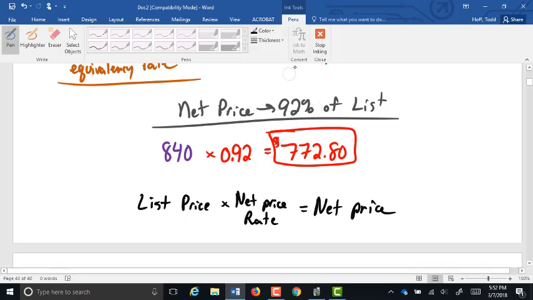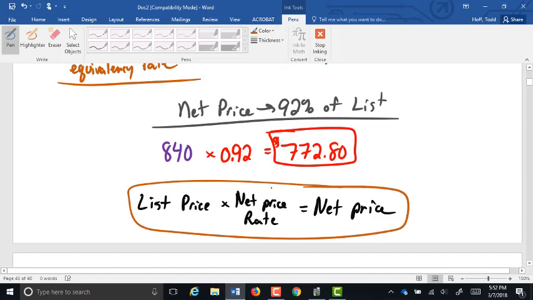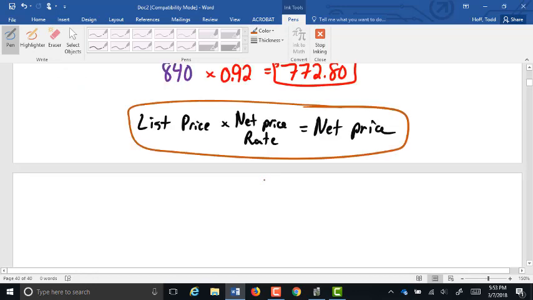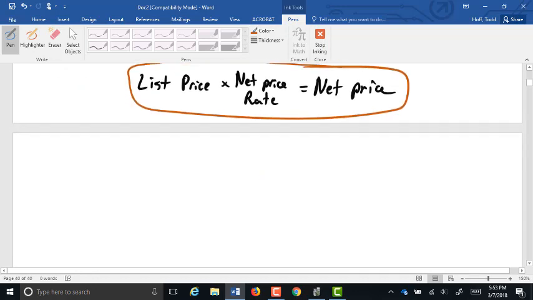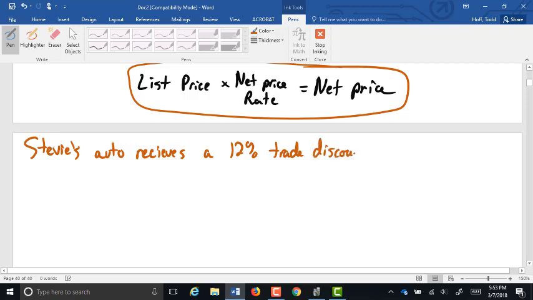So let's look at an example where we apply that formula. Let's say Stevie's Auto receives a 12% trade discount.